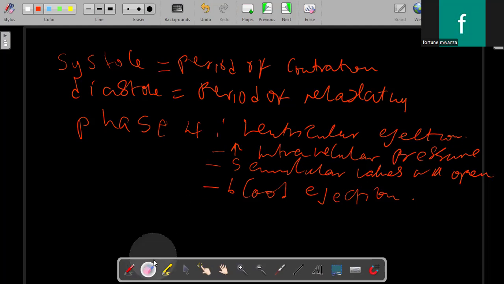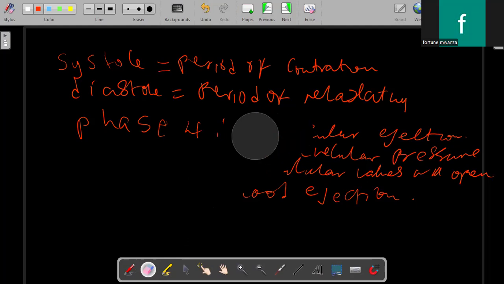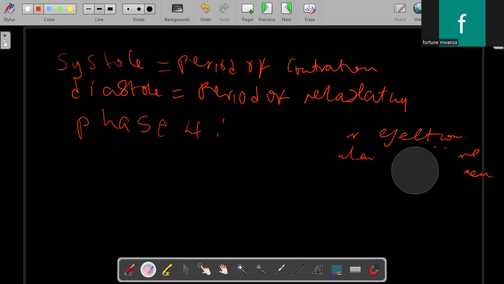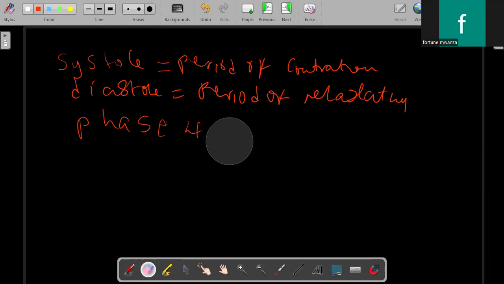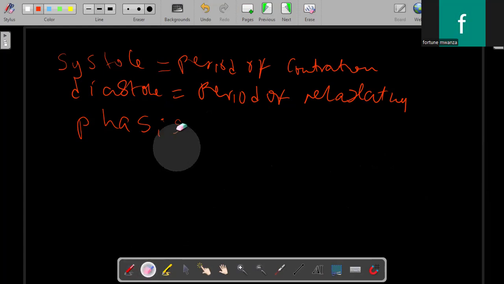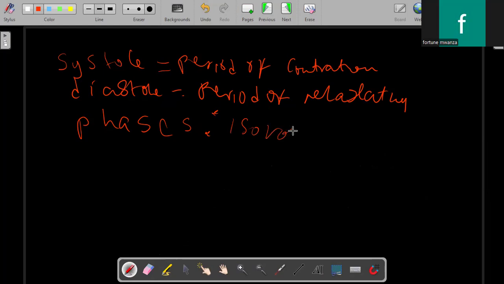So now let's go to phase 5, the last phase of our cardiac cycle. Phase 5 is going to be called isovolumetric ventricular relaxation.